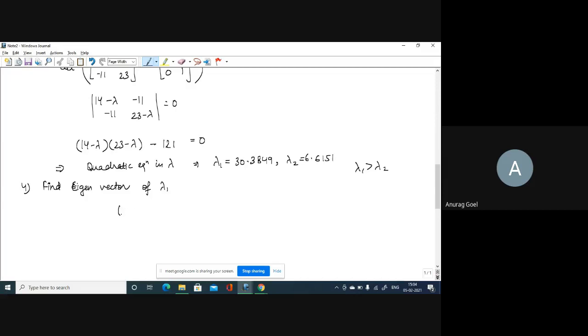So (A minus lambda 1 I) into u1 equals 0, where u1 is the corresponding eigenvector.